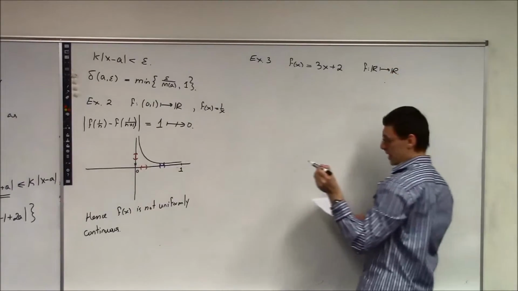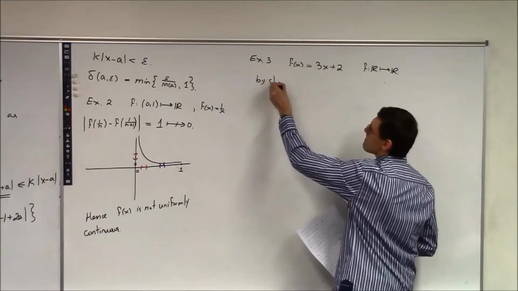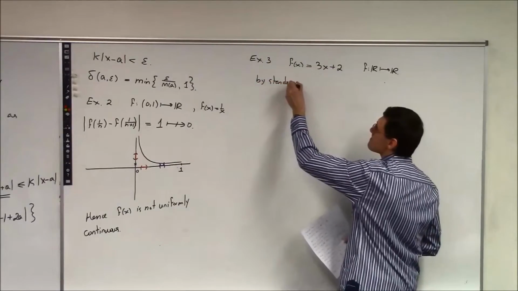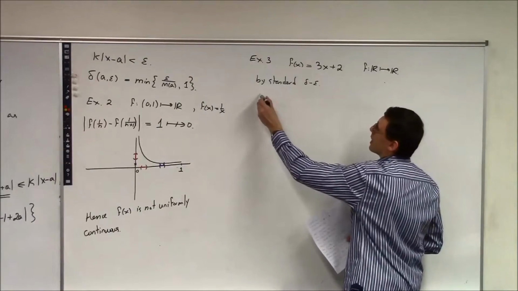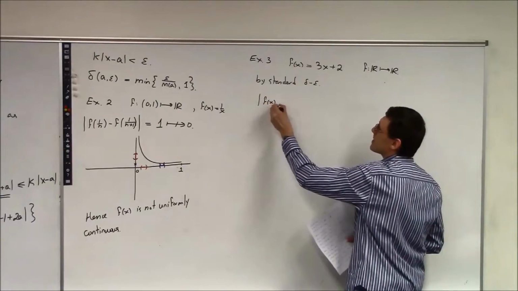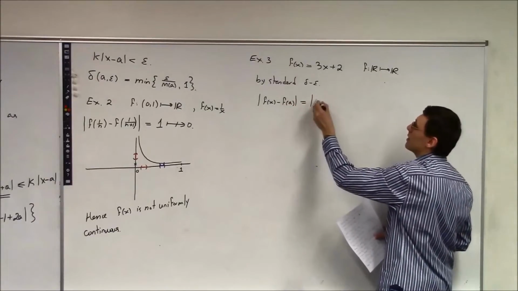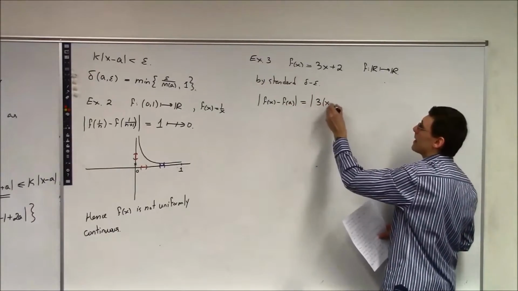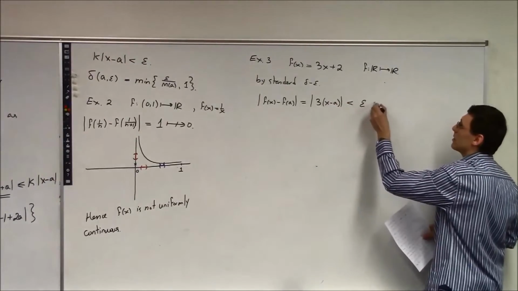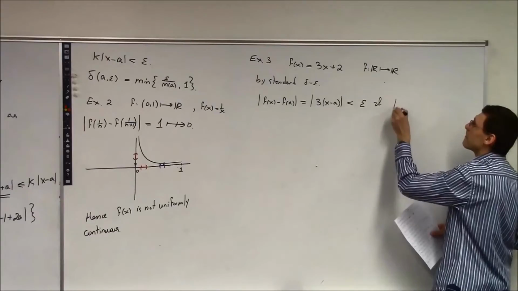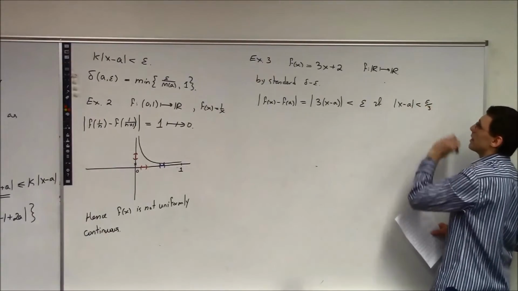If you just construct a standard delta-epsilon argument, here is what would happen. You would take f of x minus f of a, and that will create the function 3 times x minus a, which is less than epsilon if absolute value of x minus a is less than epsilon over 3.